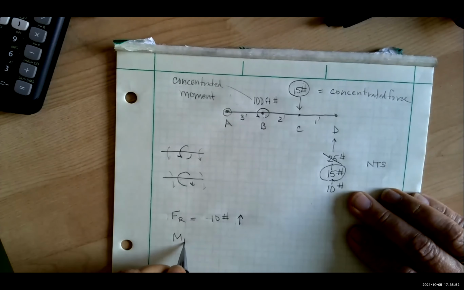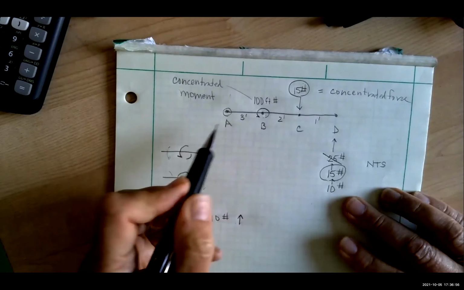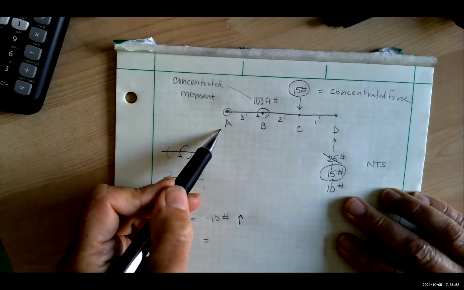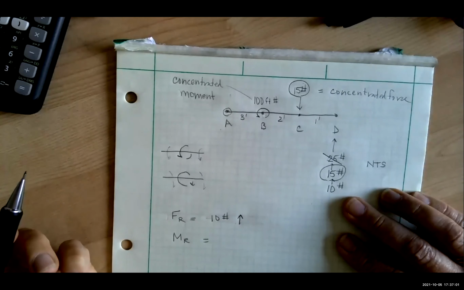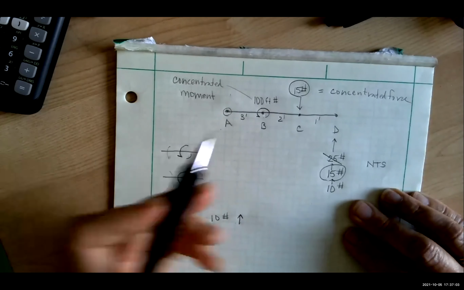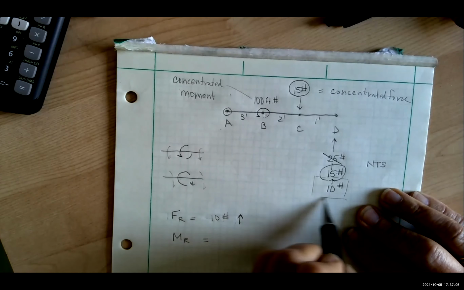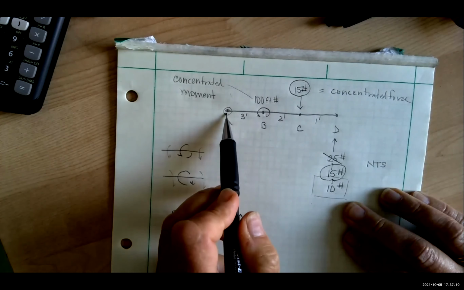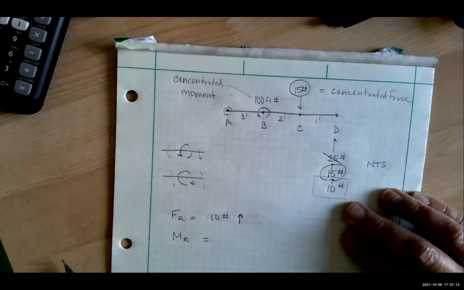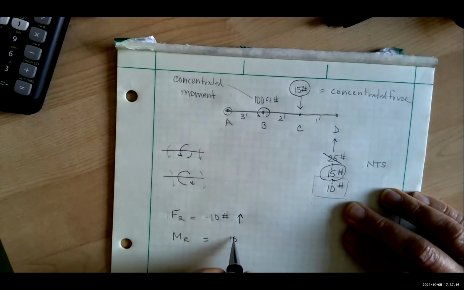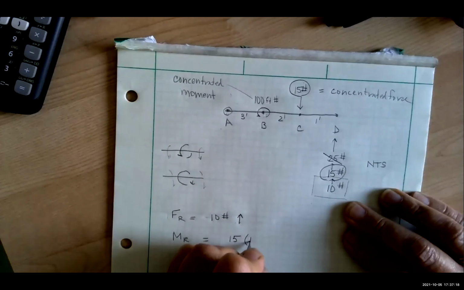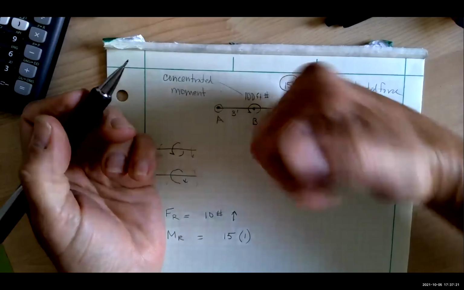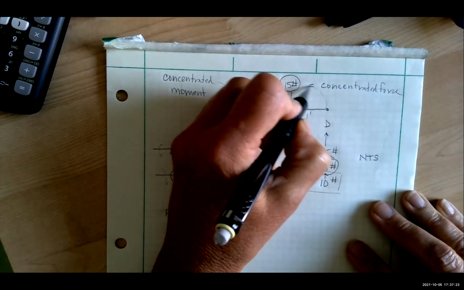And now how about the resultant moment? Do I have to specify a point I'm finding my moment about? And the answer is yes, because there is a force here that is not part of the couple and can create a moment about any point. So we know with couples, it's 15 times the perpendicular distance between and we know we could go like that.